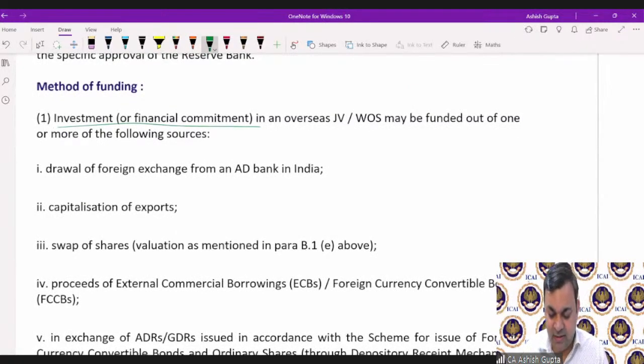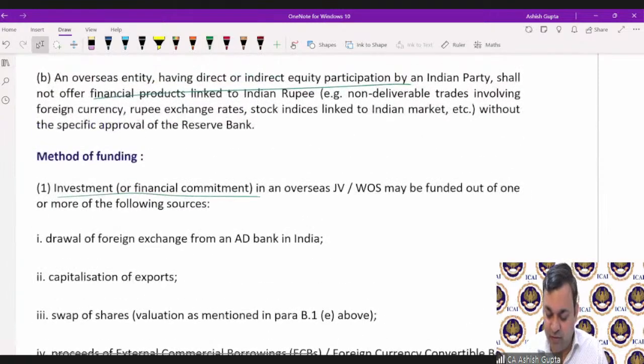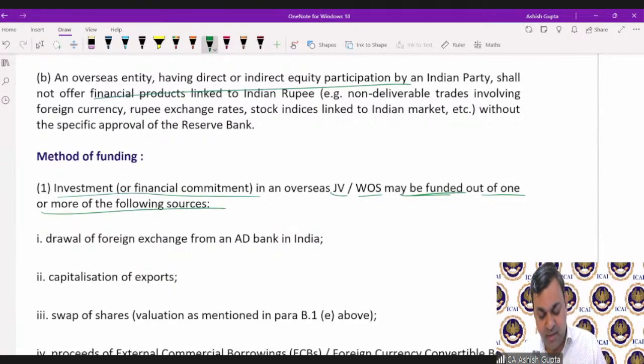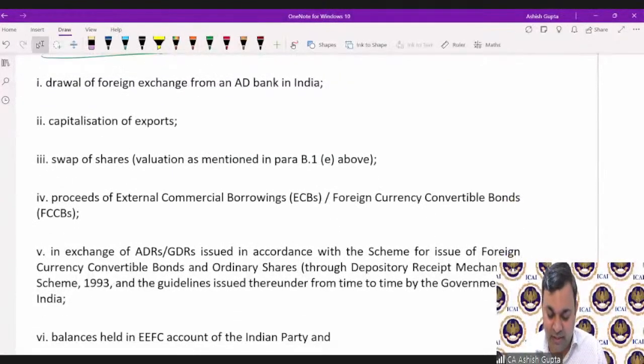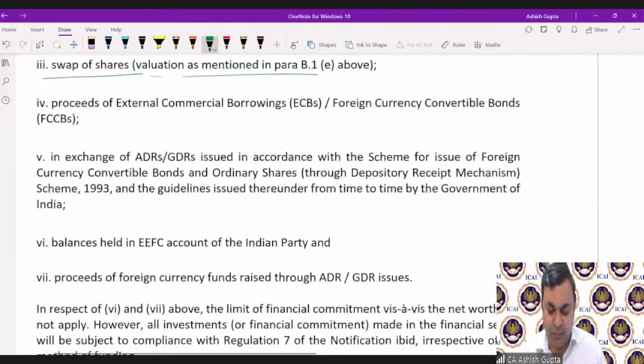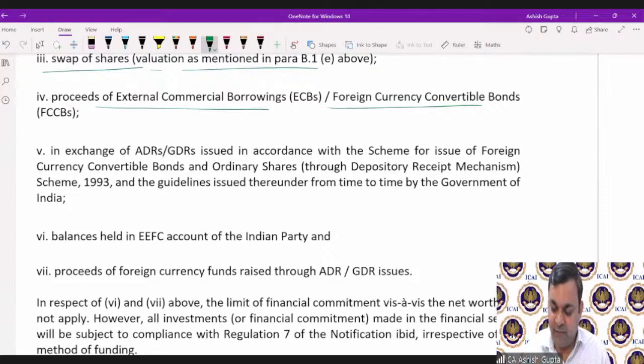Investment or financial commitment in an overseas joint venture or wholly owned subsidiary may be funded out of one or more of the following sources: drawal of foreign exchange from an AD bank in India, capitalization of exports, swap of shares, valuation as maintained, proceeds of ECB, FCCB.